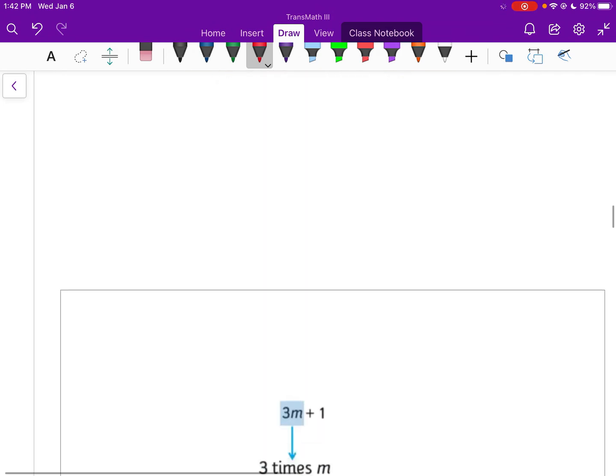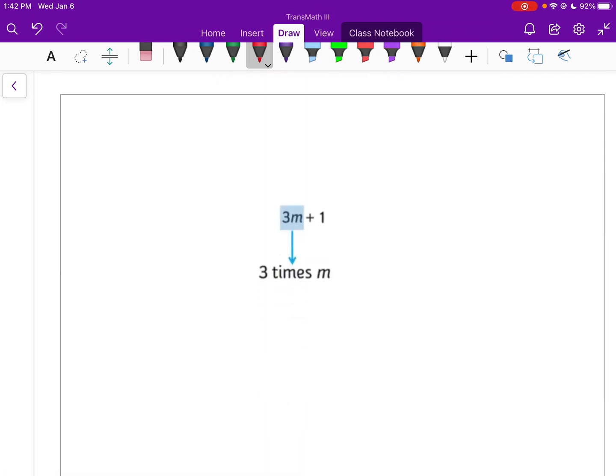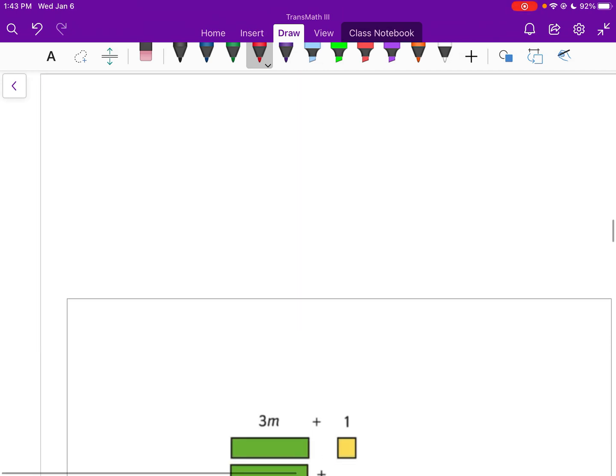Now one thing we need to look at is sometimes we have multiple variables. So what we're going to start seeing is things like 3m. What 3m is really saying is 3 times m. So we have 3 of those variables. And then plus that 1.